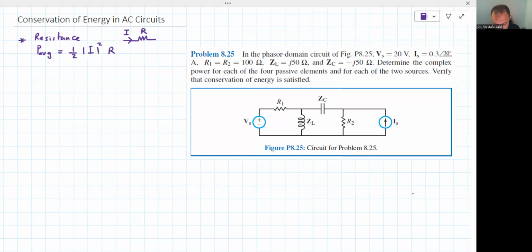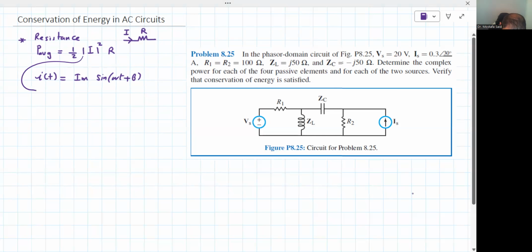And by the way, let's dig into what this I is. Let's assume we have i of t equal to, for example, Im sine omega t plus theta. So this I here is actually Im.